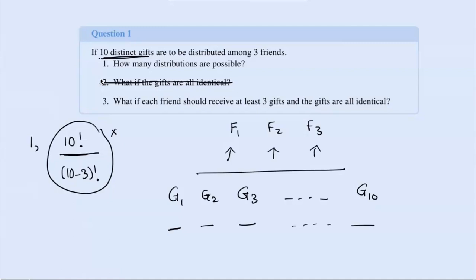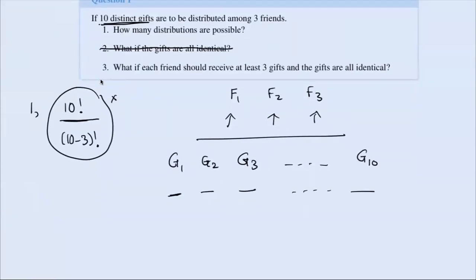If all the gifts are identical, isn't the only way they are distinct is if one friend gets one more? The original question is we have 10 distinct gifts. The gifts themselves are not identical.